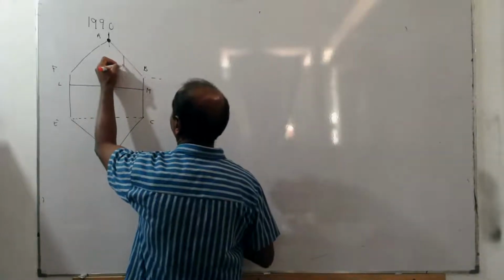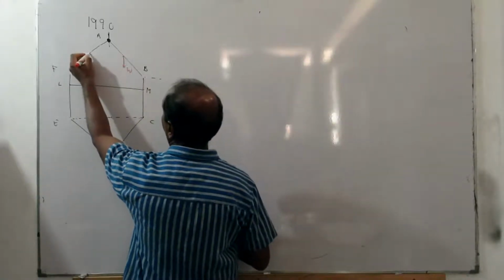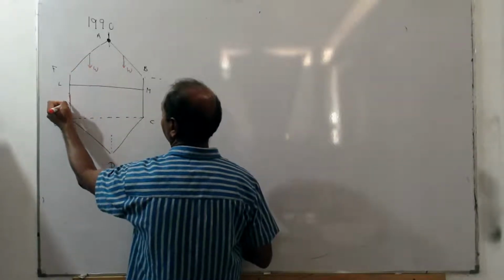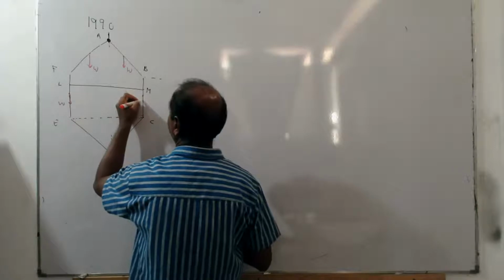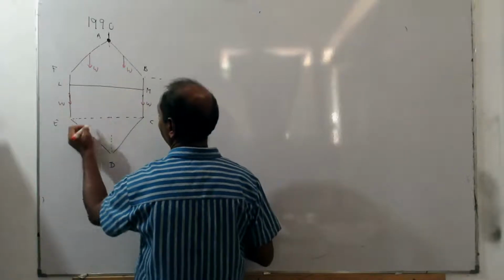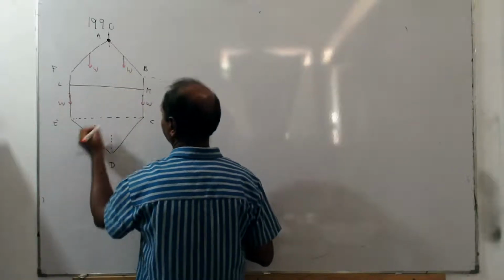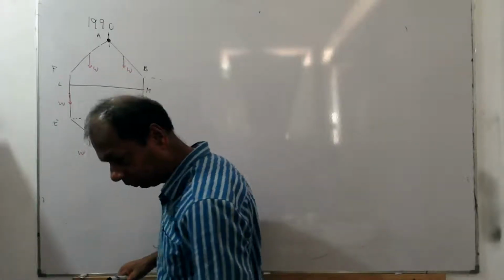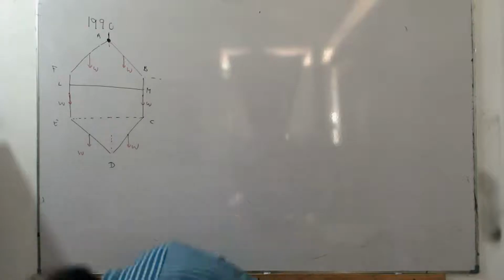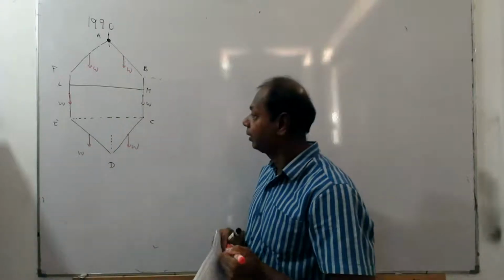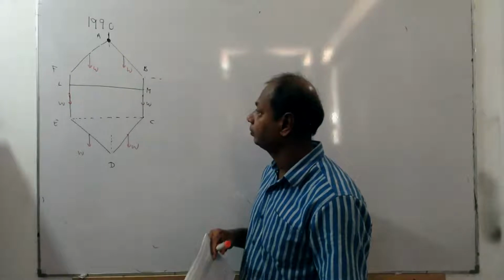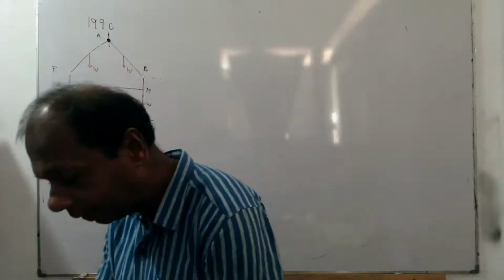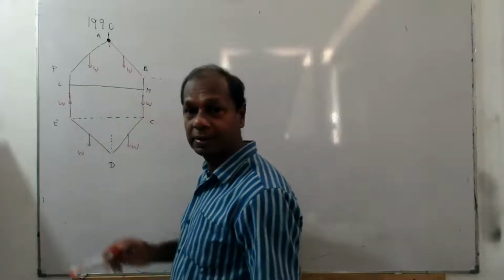Weight of each rod, W. Uniform rods, each of weight W. In addition to the weights, this has the tension.